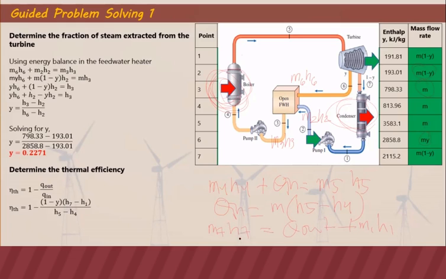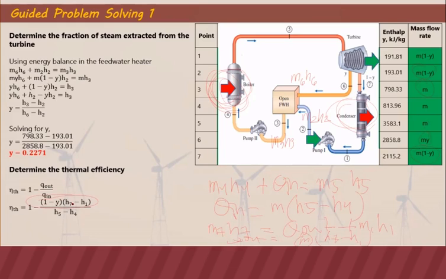So our M1 and M7, that is equal to 1 minus y. That's why our Q out will become (1 minus y)(H7 minus H1). So that's why our Q out is equal to M(H7 minus H1). Since our M is equal to 1 minus y, that's why we have here 1 minus y.